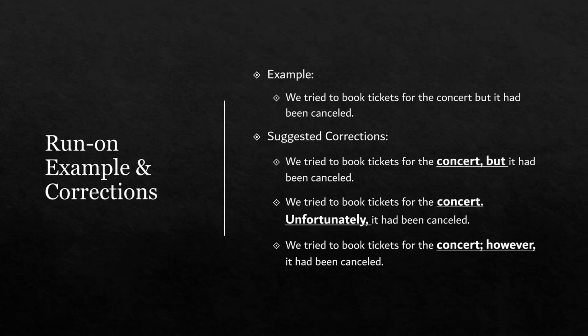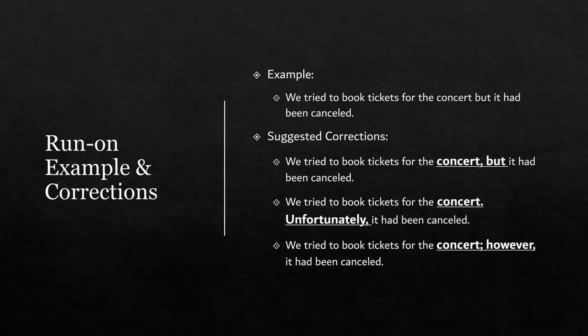On this slide, I have an example of a run-on sentence followed by some suggested corrections. First, the example. We tried to book tickets for the concert, but it had been canceled. The sentence has two independent clauses. The first is, we tried to book tickets for the concert.